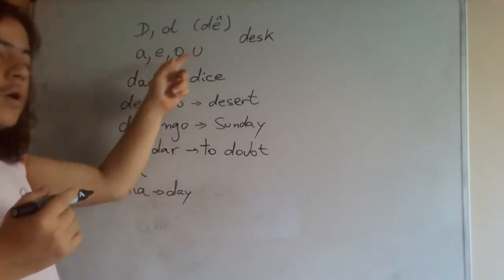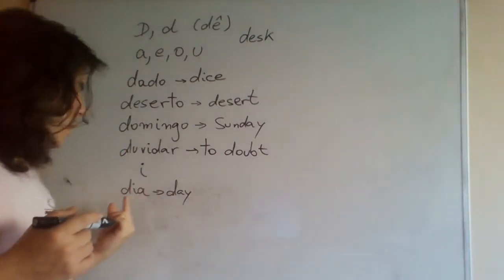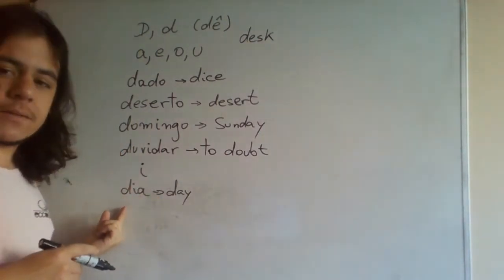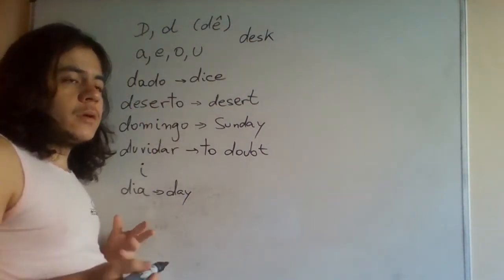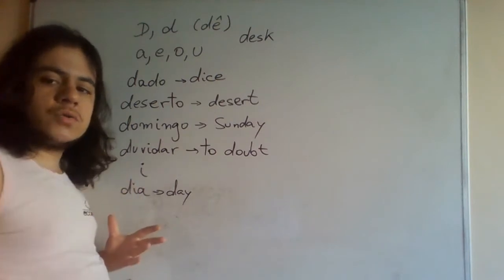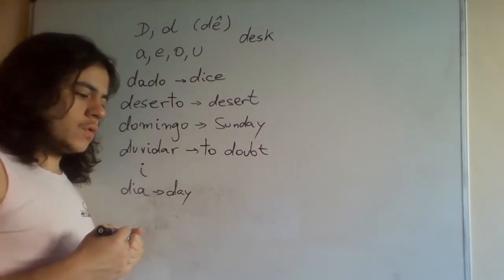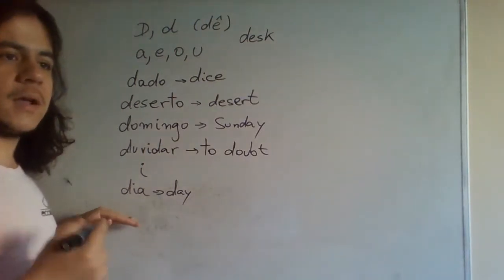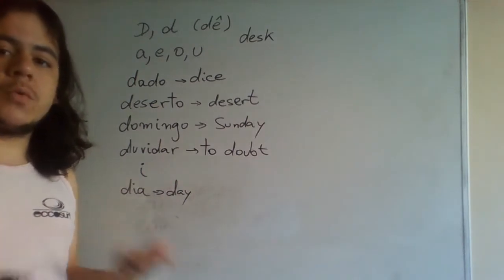But in some regions, people say dia like the letter D in desk. Because Brazil is a large country, we have several accents. So we can say it one way, or you can say it the other way. It depends on the region.